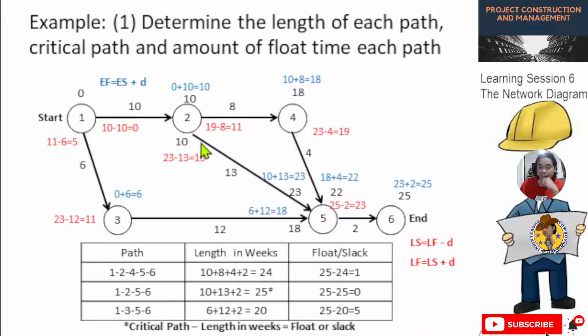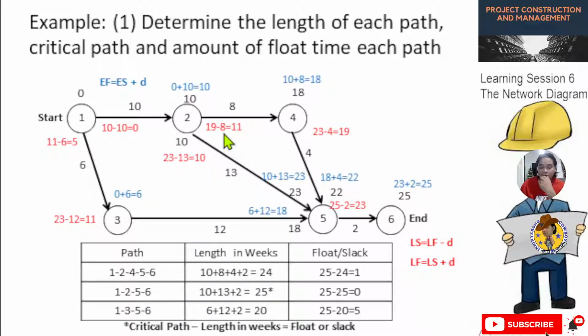Okay, so we have two figures on this node. Remember that in solving the last start, we will be using the minimum figure among the two, the lesser number.